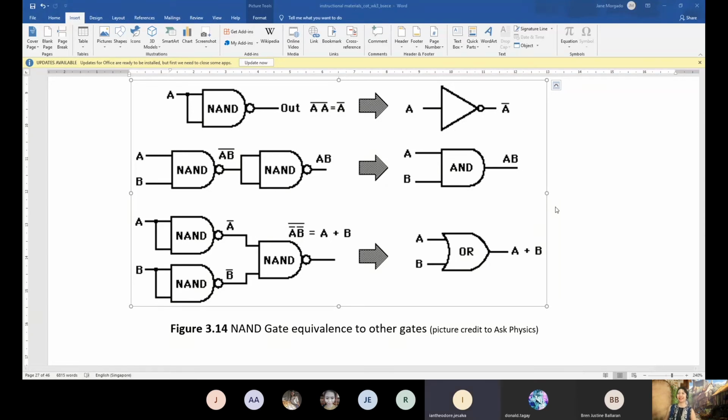Going back to the original, ma'am. Okay, so they just simply cancel out. So (AB)'' will just be equal to AB. You're simply canceling out the prime, or the negation. And that's the equivalent of AND.